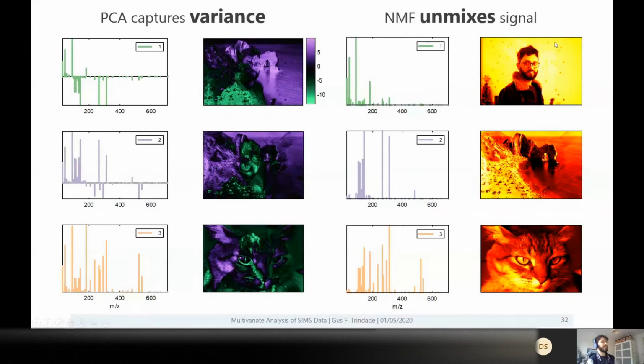In this case, it's quite easy to see what's going on with NMF because it's just separating these 3 images into individual ones. And you can see here in the original one, we couldn't see this cat. It's my wife's cat. We could only see the dodo and myself. So sometimes you have very weak signals that can only come out if you do this sort of unsupervised analysis. Sometimes we just skip it because it's just too weak to be detected.